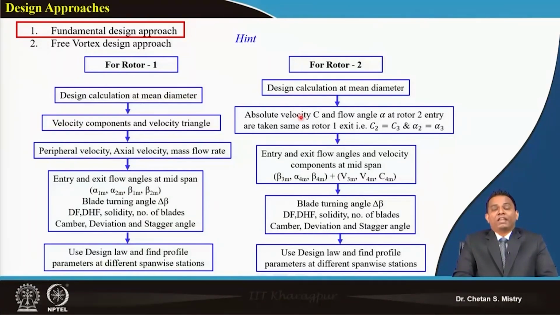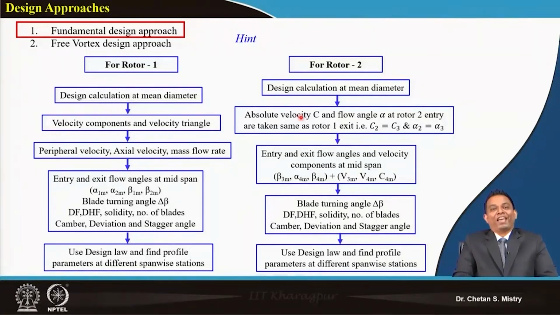We are assuming in the same way that the absolute velocity with which the flow comes out of rotor 1 will go to rotor 2. So, my exit velocity from rotor 1 is C2, and C3, my entry absolute velocity, they are both the same. This is our assumption for the design.